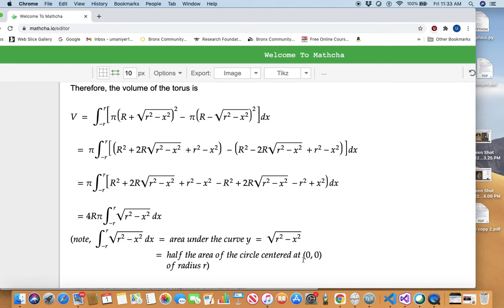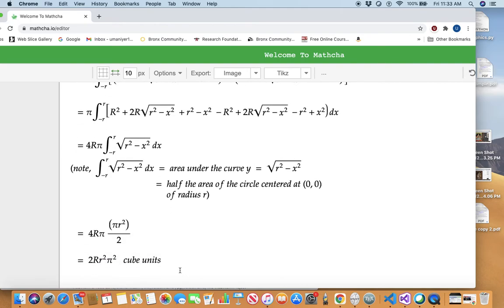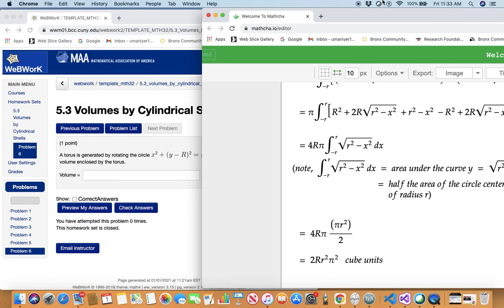Circle centered at origin, radius r. That is, this integral is half the area of the circle, pi r squared, little r being the radius. So simplifying, 2 cancels this, I get 2 pi squared R r squared, cubic units.